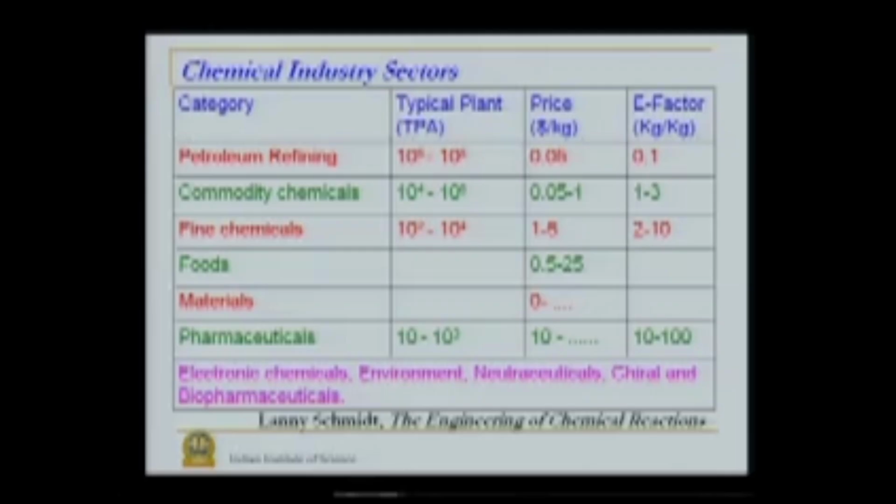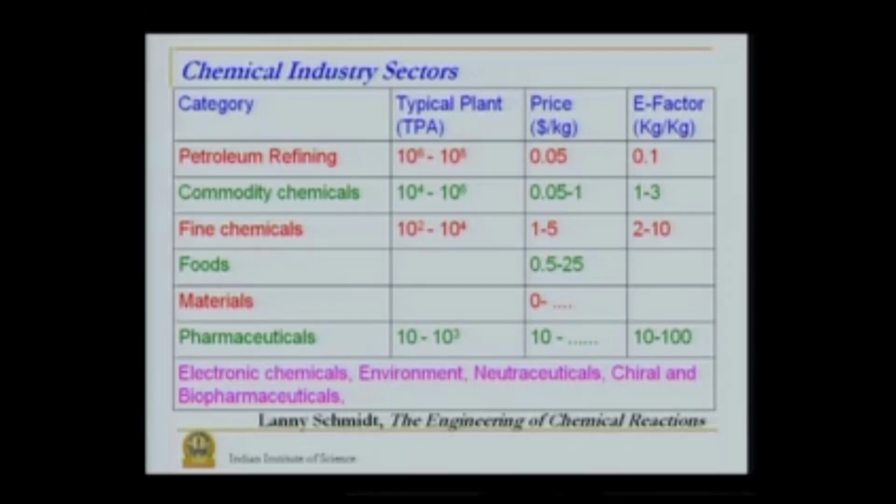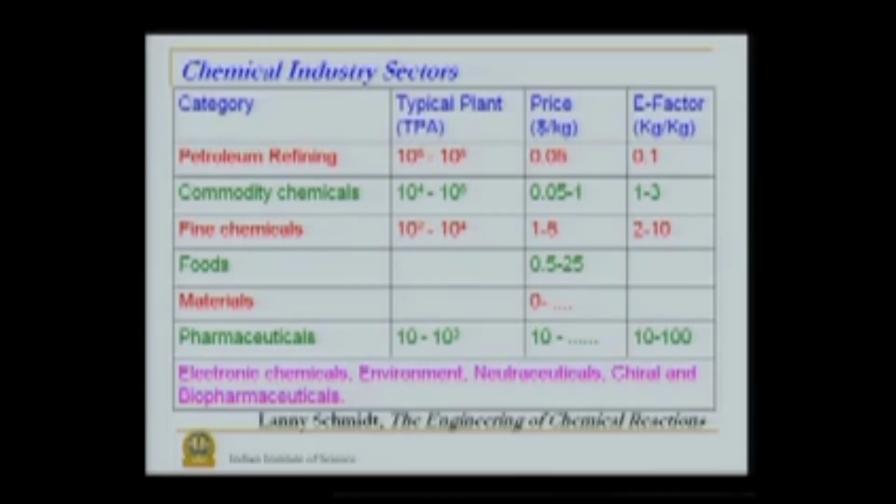The reason for showing this kind of comparison is that because of these variations in different sectors, the focus of process improvement or process intensification could also change when you go from one sector to another.